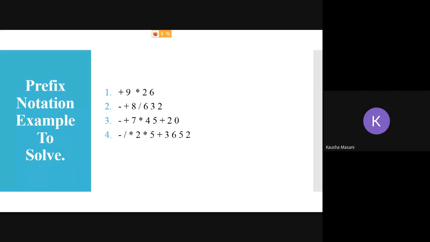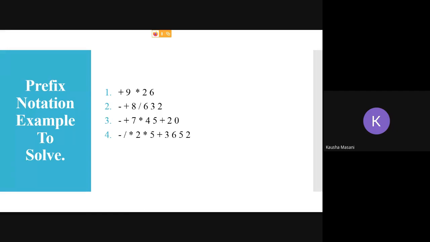Correct. 16 is the answer. Yes, right. See, there is a quick method.